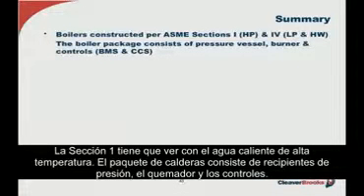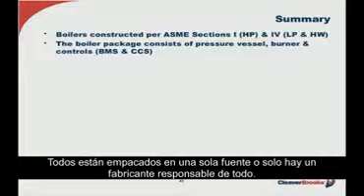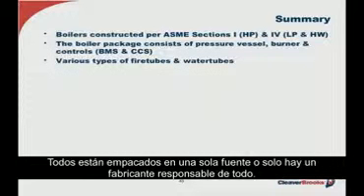And also remember that in section 1, that could also be high temperature hot water. The boiler package consists of a pressure vessel, a burner, and controls, and also the controls are the burner management system, which is the flame safeguard programmer, and then the combustion control system. All packaged together, single source, single responsibility by the manufacturer.